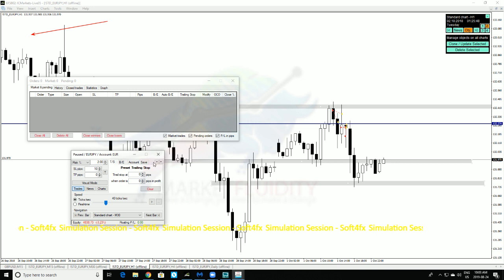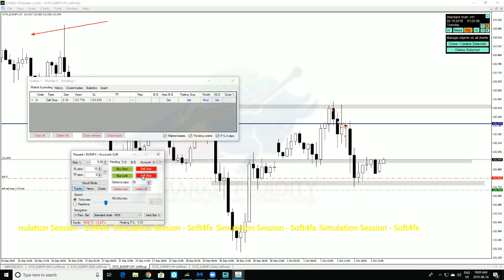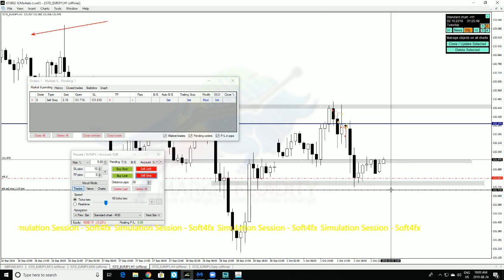How do you put sell stops? Pending, sell stop, 26 pips away. Sell stop. There we go. We've got a sell stop that, if price starts to move, is going to activate and continue moving down. In the same way, we need a buy stop, because if we're going to have a sell stop, we might as well have a buy stop as well, right?